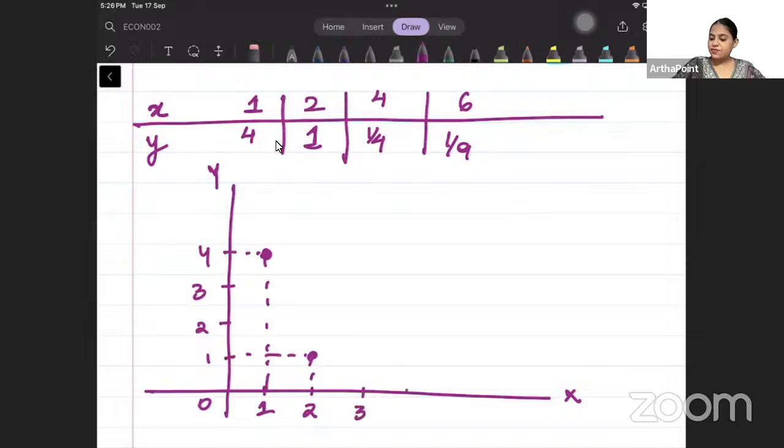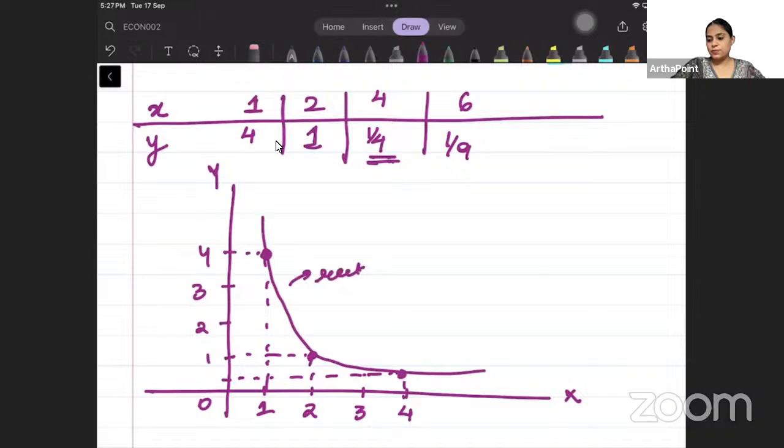When x is 4, y is 0.25. 1 by 4, 0.25 माने कहीं यहाँ पे. So you will see that it will be a rectangular hyperbola. इसको बोल देते हैं rectangular hyperbola.